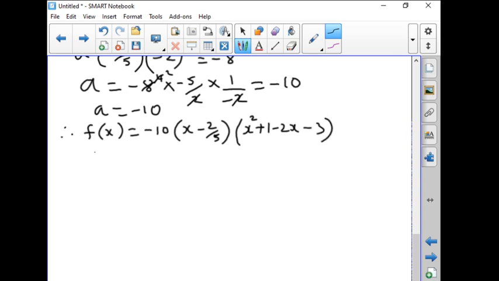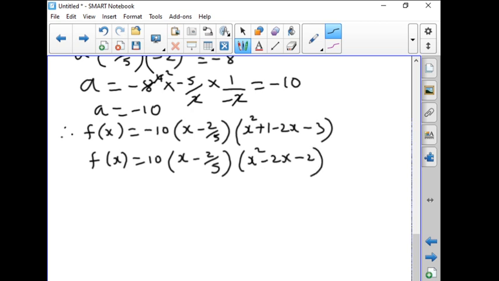So f of x is equal to minus 10 into x minus 2 by 5 into x square minus 2x minus 2. Okay, now we have to simplify this.